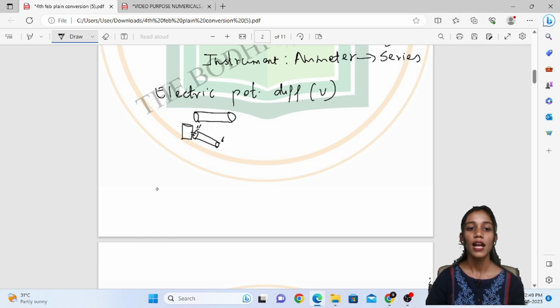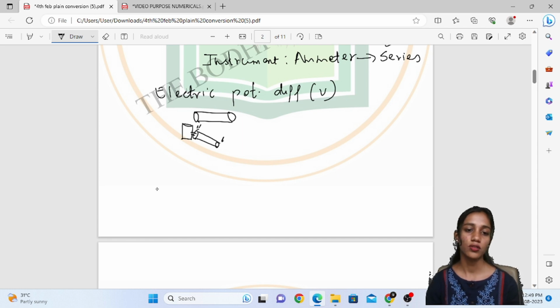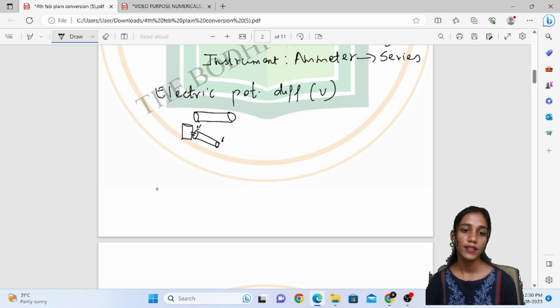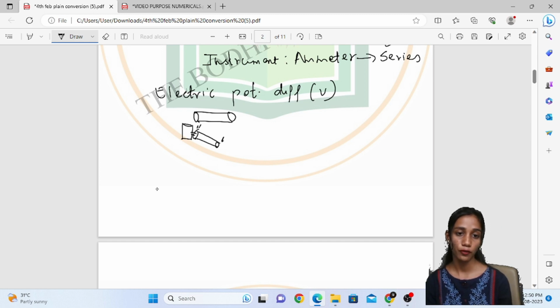Difference in pressure helps in the movement of water. The same concept we are applying here for the flow of charges. The electric potential difference will make the charges go in motion, and there will be production of electric current.